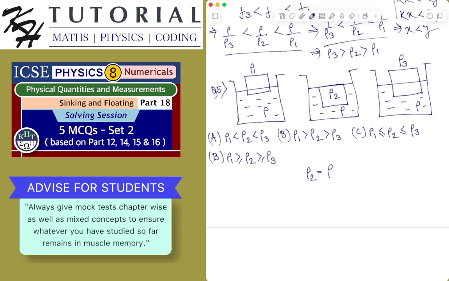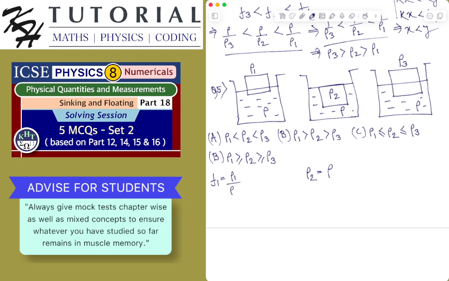So, from figure 1, if I consider F1, the fraction of the body immersed in the liquid, F1 will be equal to rho 1 by rho.